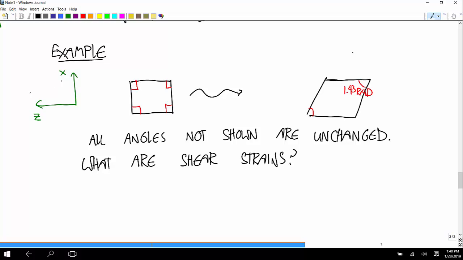Well, all we can see is the XZ plane. So we know that there's no angle change in the XY plane or in the YZ plane. So gamma XY is equal to gamma YZ is equal to 0. So the only one we have to deal with is the XZ plane.